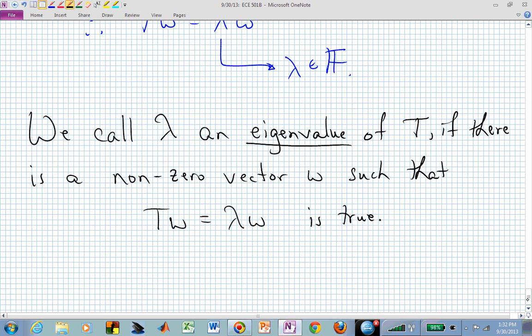If that relationship is true, then lambda is an eigenvalue.